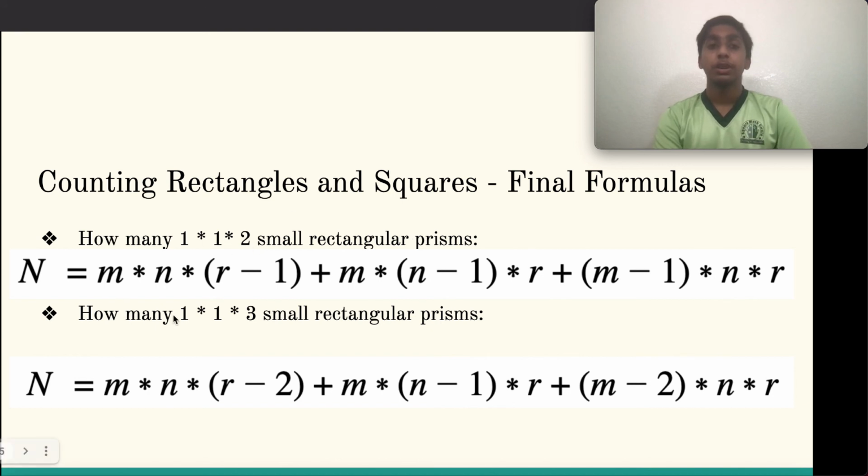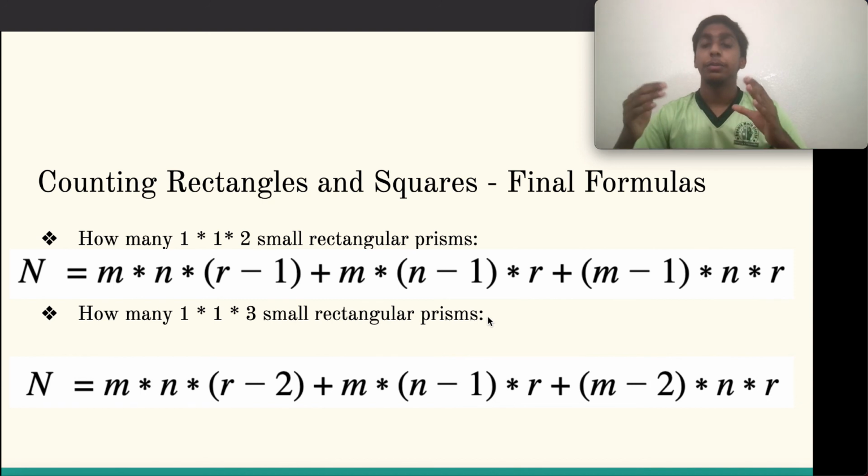For 1 times 1 times 3 small rectangular prisms, it's going to be the same formula, except I'm going to be doing r minus 2, n minus 1, m minus 2. So basically, I've simply changed from m minus 1 and r minus 1 to my r minus 2 and my m minus 2, and based on that small change, I'm calculating how many 1 times 1 times 3 small rectangular prisms there are. So again, if you know one formula, it's pretty easy to find the other based on the pattern you can see.